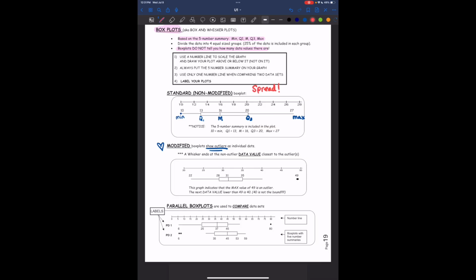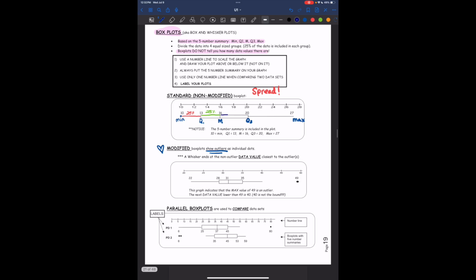So you can see, all right, here's 25% of the data. Here's 25% of the data in this section. Here's 25%. And here's 25%.